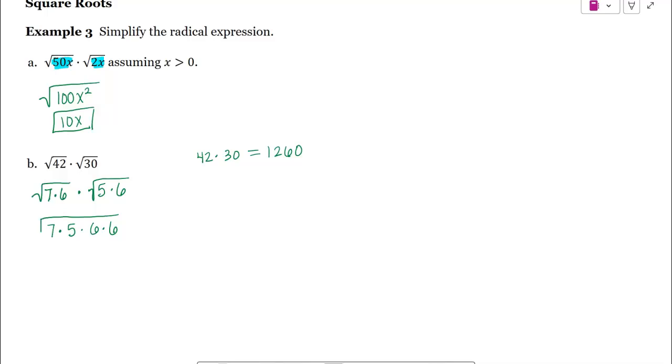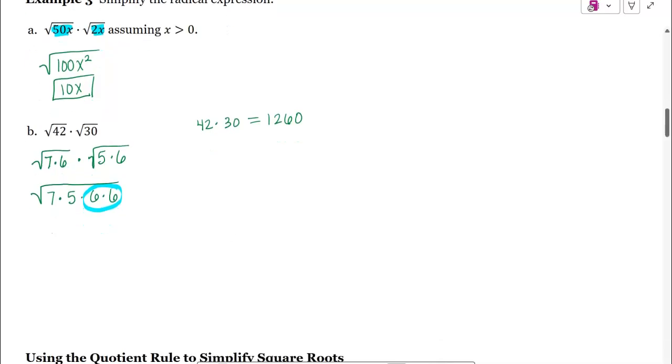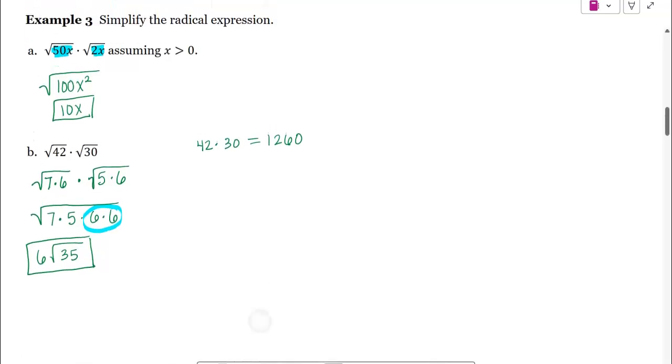This is nice because 6 times 6 is 36, and that's a perfect square. So that can come out into the front. When I take the square root of 36, that'll be a 6 on the outside. And then 7 times 5, that's 35. Those are both prime numbers. We can't break them down any further. So our final answer here is going to be 6 times the square root of 35.